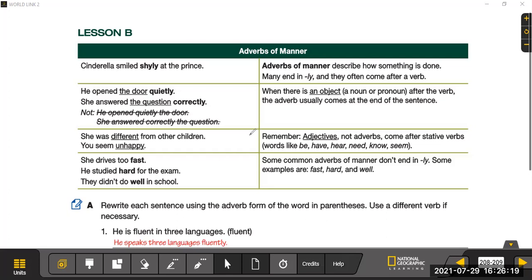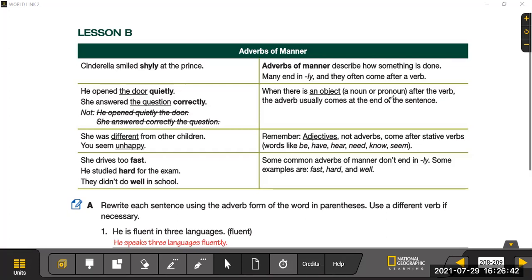Okay. I am going to try to explain this in Spanish. Just this time because I know it's difficult. Yo lo sé, es difícil. Okay. So, as I said, adverbs of manner se utilizan para describir cómo uno realiza una acción.